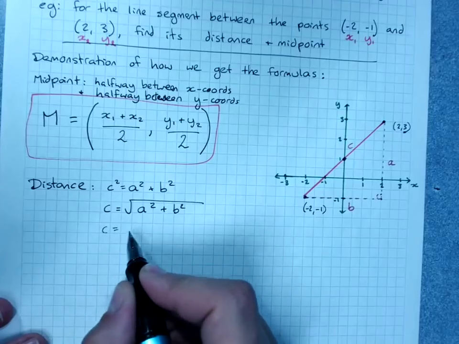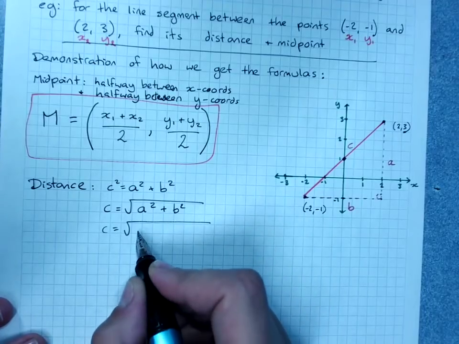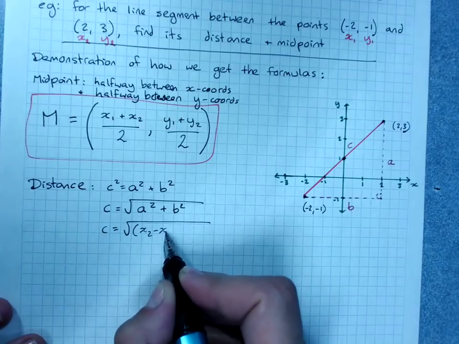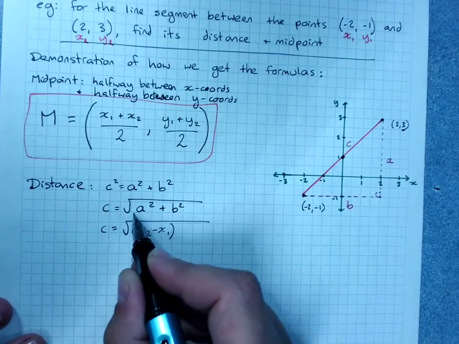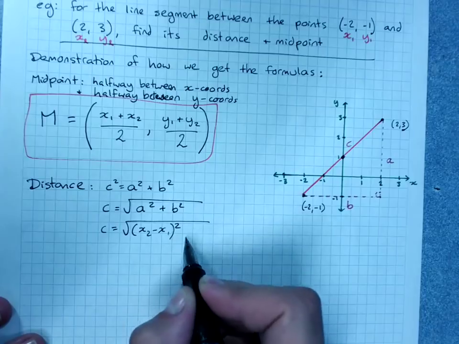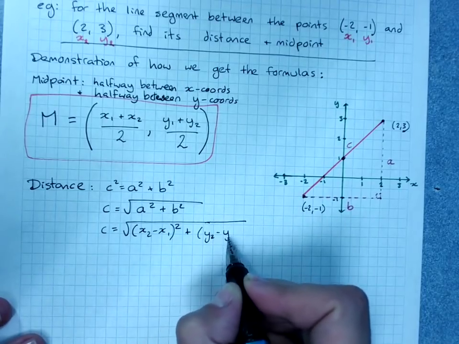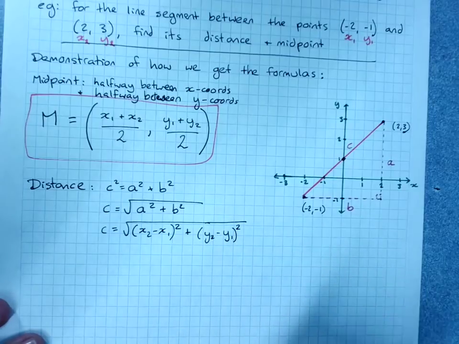So, to find the length of each side, I need x2 minus x1, the difference in the x's, that will be the length of one side, square it, plus y2 minus y1, the difference in the y's, and square it.